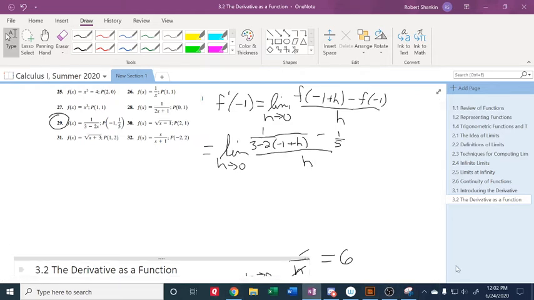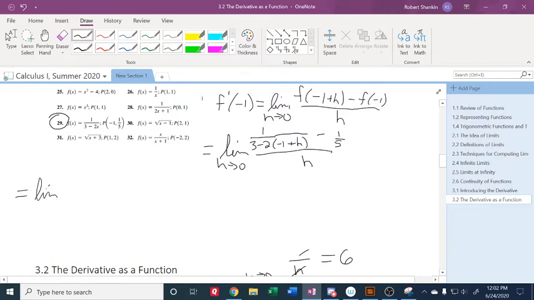And this is equal to, let's take that top fraction. This is going to be 3 plus 2, which is going to make 5, and then 3 minus 2h.